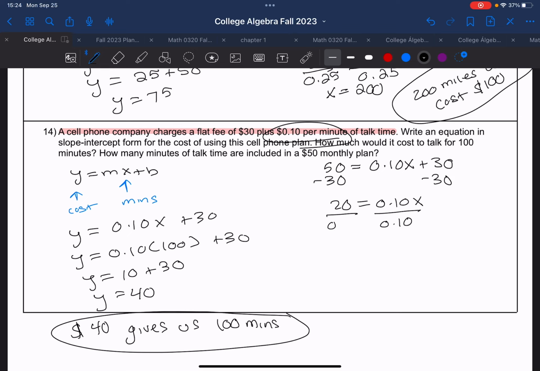Divide both sides by 0.10, and I get x is equal to 200. So this tells us that 200 minutes will cost $50.